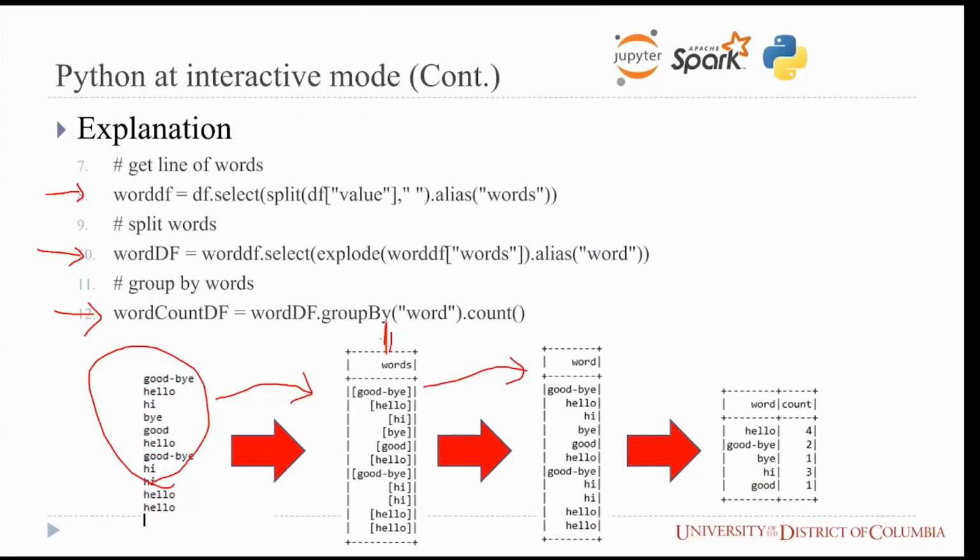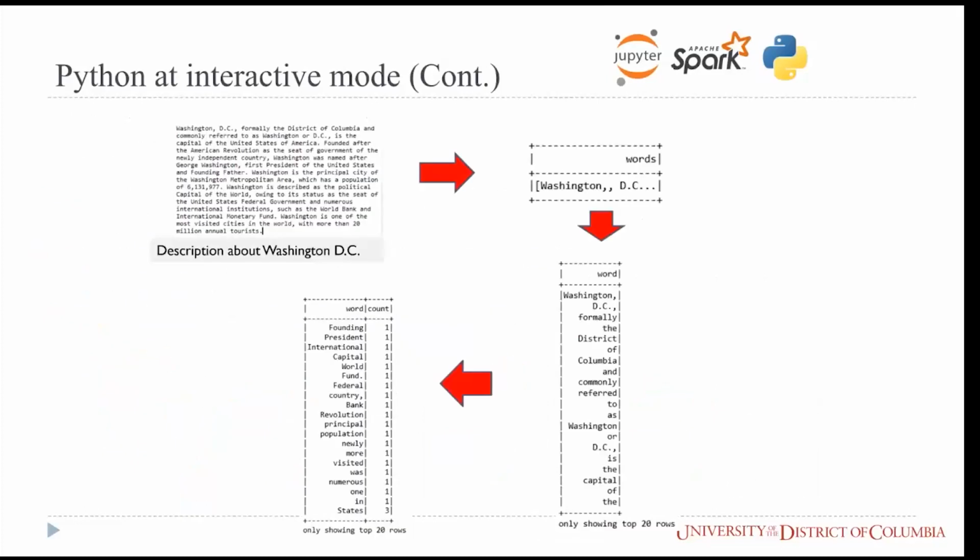The second part is what we call records generation. And the third part is generating word by word. Based on this command, we can count how many words appear in the text, right? And this is another example.